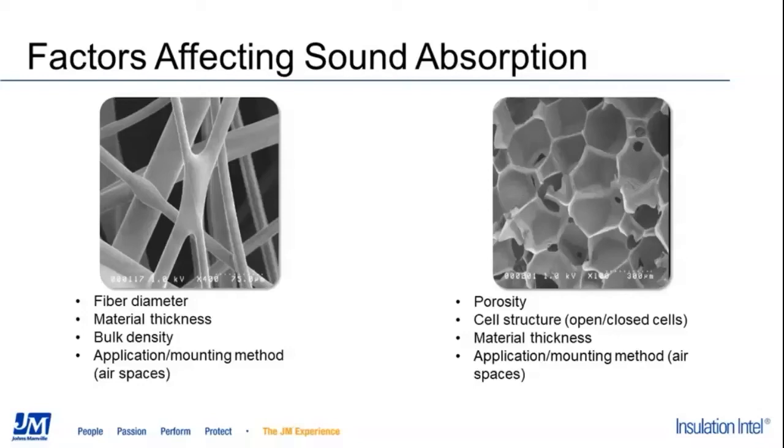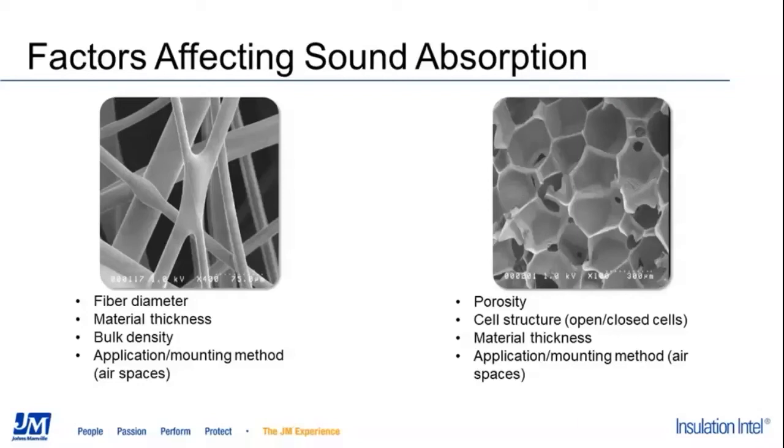Moving over to the other side of the chart, this is typically more representative of what would be called a closed cell insulation material, or a material that has more of a cell structure to it.